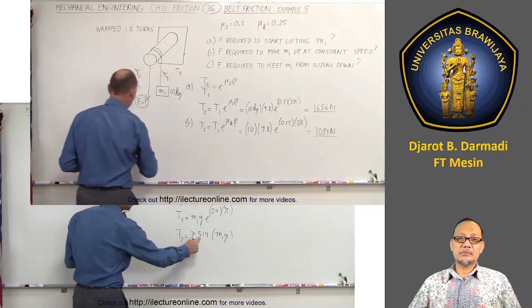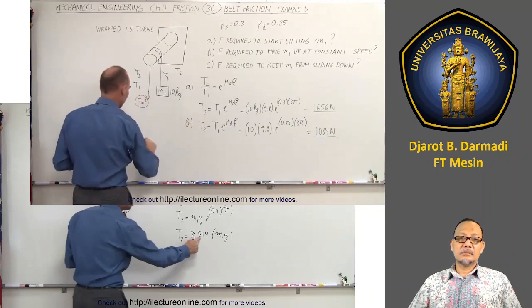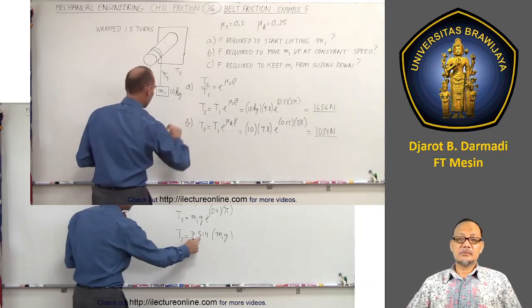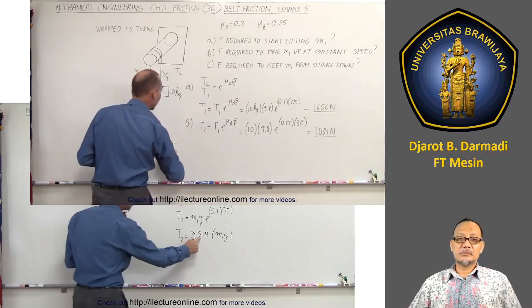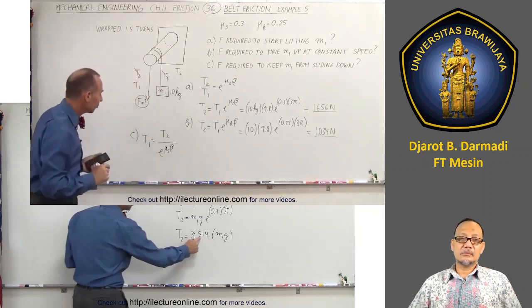And so for part C, since now we're looking for T1, we can say that T1 is equal to T2 divided by e to the mu sub s times beta, the angle that the rope is wrapped around the peg.